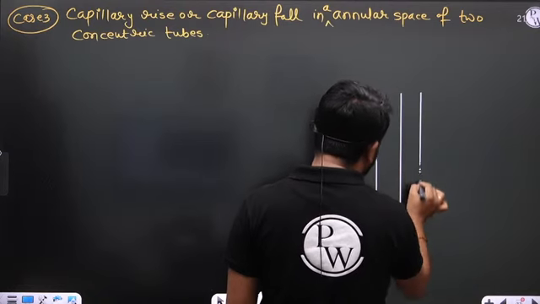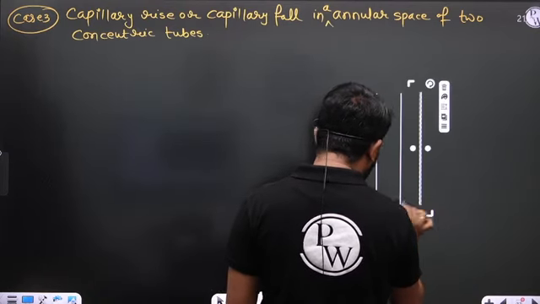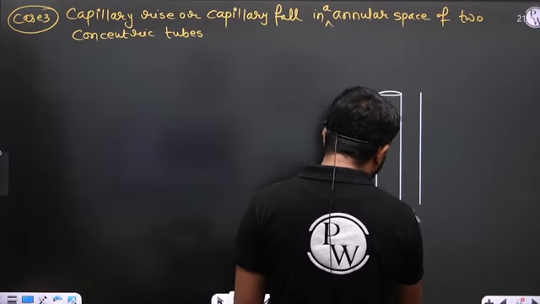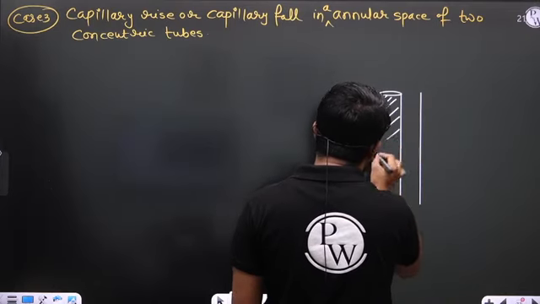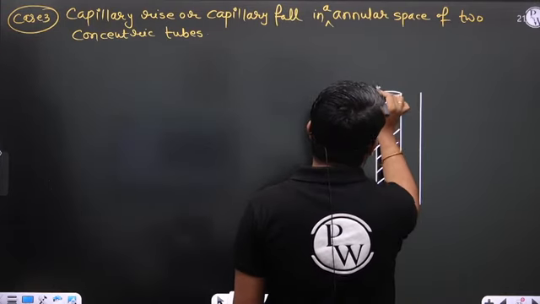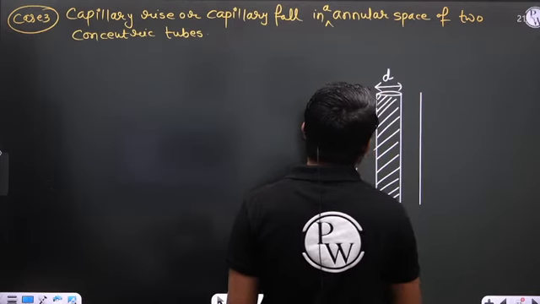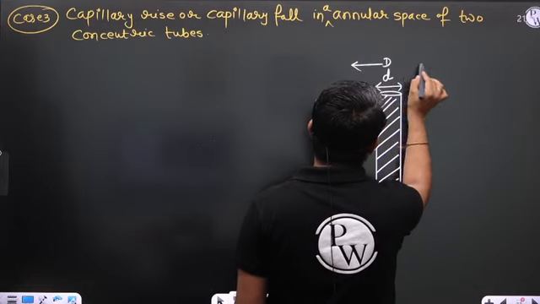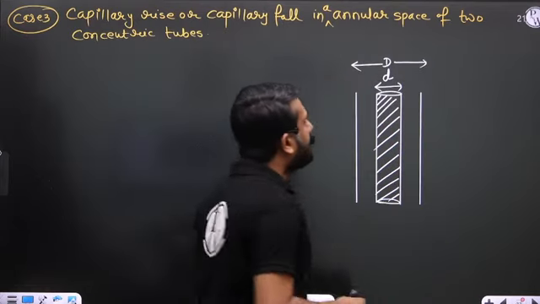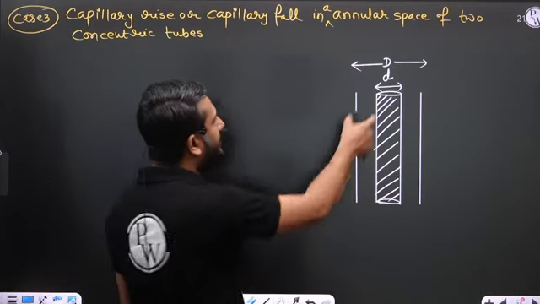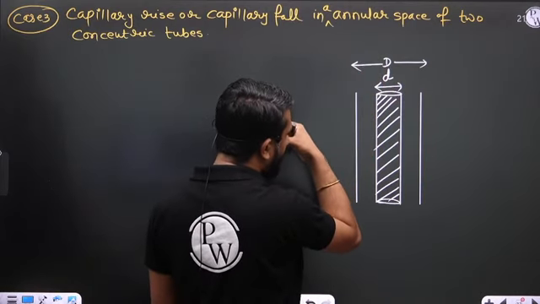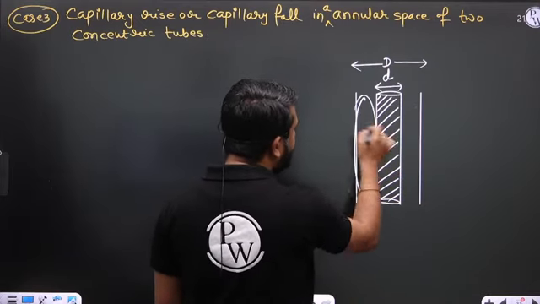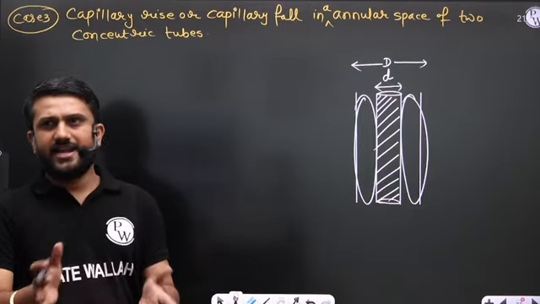This is tube number 1, and let us consider this tube having diameter small d, and the outer diameter is capital D. And this annular space is a narrow passage.